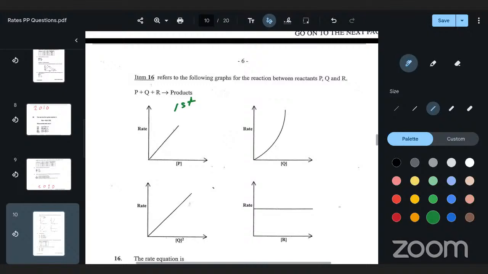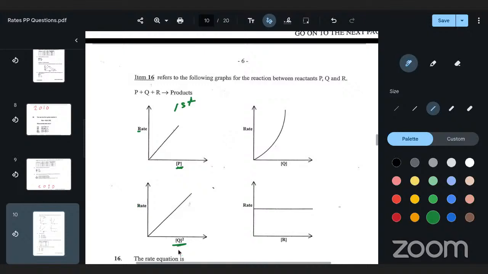Let me see if you pay attention to details. Sir, it means it is directly proportional to the concentration. Right, that is it. This one, rate is proportional to the concentration, so it's first order. But this one, it's actually the square of the concentration.